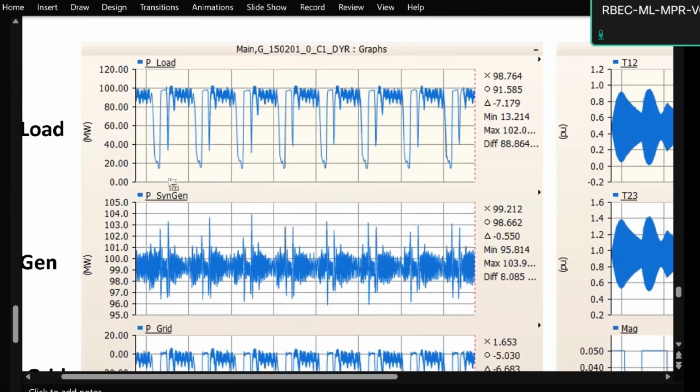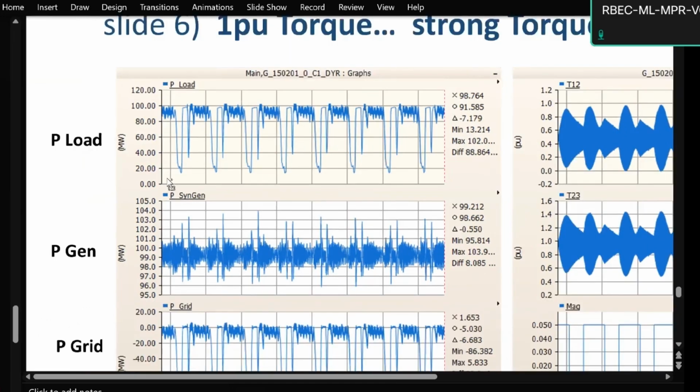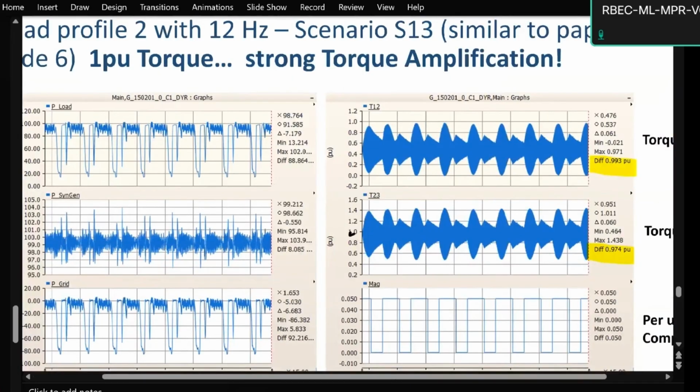What you can see here is that we have two different shaft sections, so three masses and two shaft sections. We start with 1 per unit, and then these torques grow up to another full 100% on top of that, and they continuously do that.